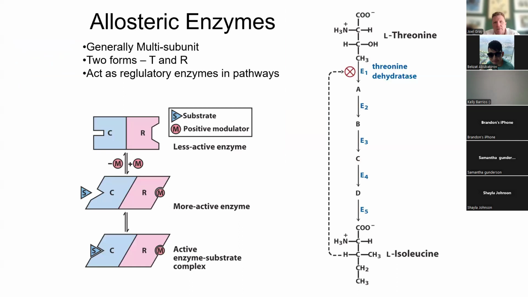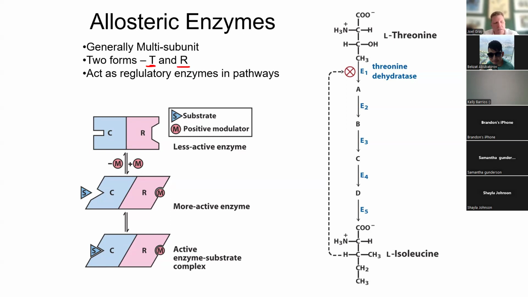Now, another way that enzymes can be regulated is that they can be allosterically regulated. We talked about allostery in the context of hemoglobin. Hemoglobin has two different forms, the T state and the R state. Hemoglobin in the T state is the deoxy form of hemoglobin.